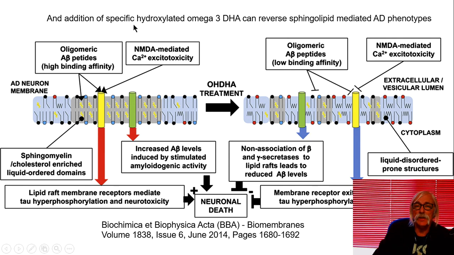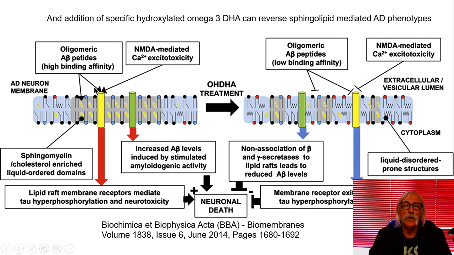An addition of a specific hydroxylated omega-3, docosahexaenoic acid, a 22 carbon, 6 double bond fatty acid coming off of the chain elongation, chain desaturation pathways from the omega-3 series parent compound, alpha-linolenic acid. From that pathway, you make DHA and then you hydroxylate it. That, via an NADH-dependent enzyme, actually can reverse sphingolipid-mediated AD phenotypes. That's what they're suggesting here.